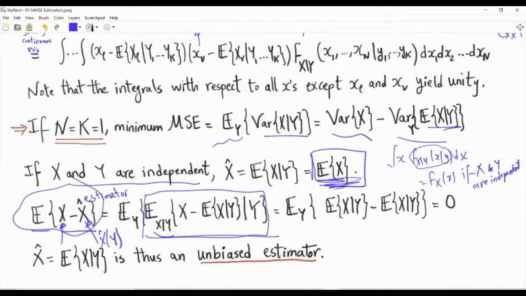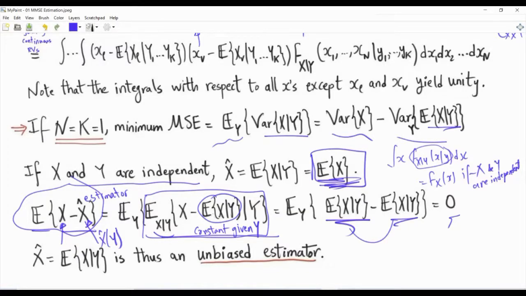It is the conditional expectation of x given y. So the first term will be the expectation of x given y. Now, given y, this is a constant. When you apply the expectation given y, this will be a constant, and the expectation of a constant is the constant itself. And so the difference will be 0, and then the expectation over y of 0 is just equal to 0. So the expected value of x minus x hat is equal to 0.